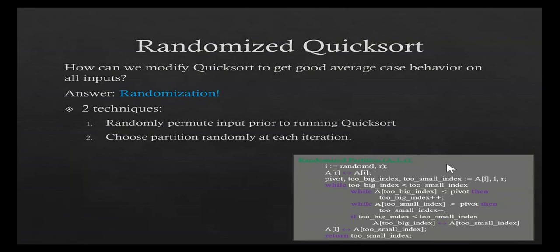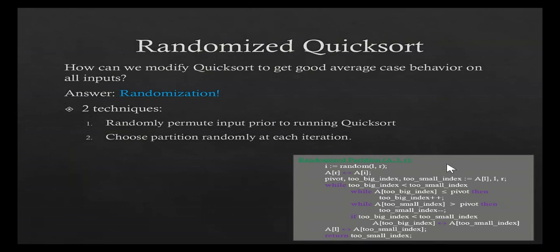That means no matter the input types, how can we always perform well on average? In that case, we can apply randomization. The answer is randomization. We can apply a randomization technique to quicksort.